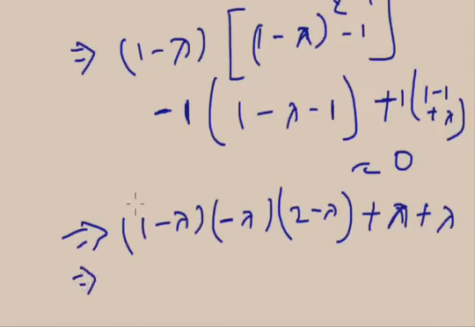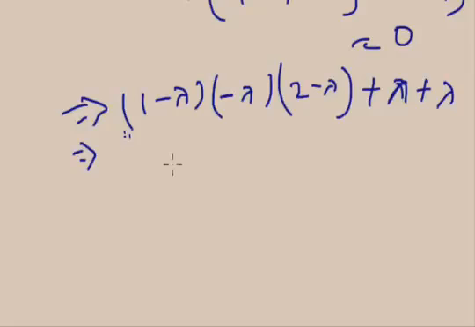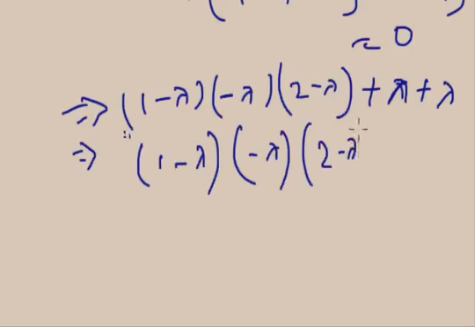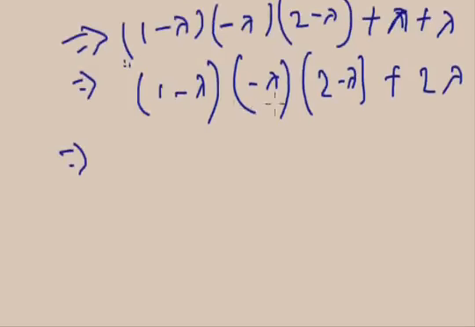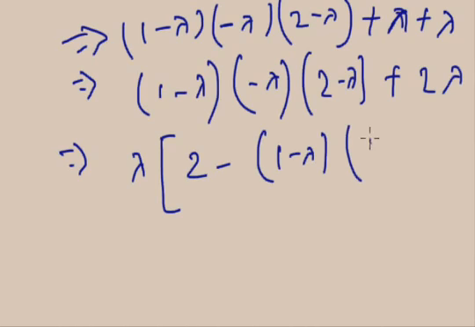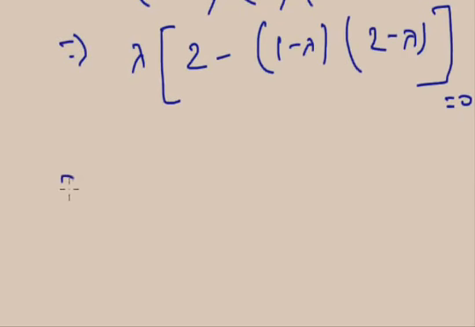So this is equal to (1 minus lambda)(2 minus lambda) plus 2 lambda. Take lambda as common: lambda into (2 minus 1 minus lambda)(2 minus lambda) is equal to 0.